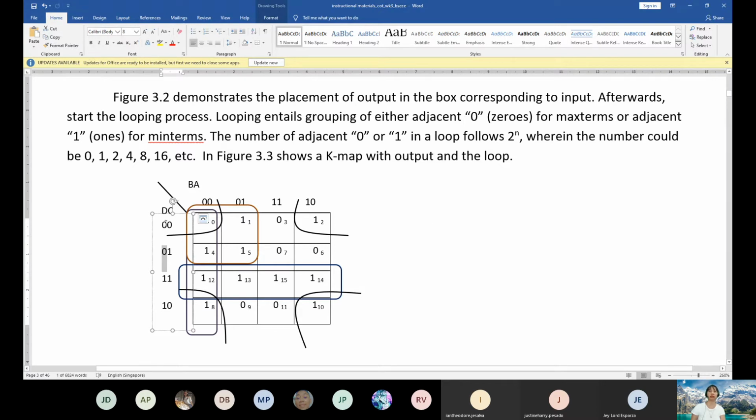Okay, D is 0. Since this is a min term, when we say D is 0, is that D or D prime?